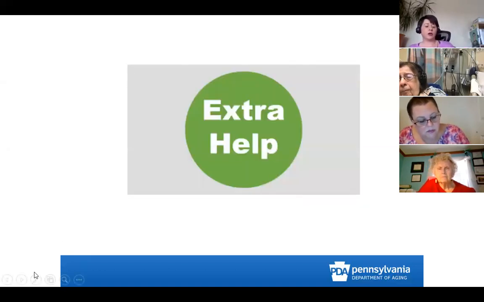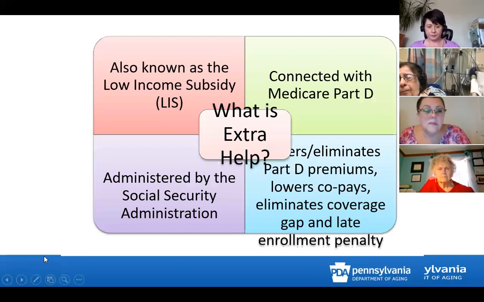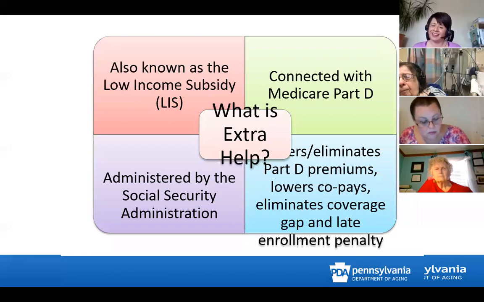So we are going to start with the first program here. And I know it sounds like a funny name, but it's called Extra Help. The Extra Help program is also known as the Low Income Subsidy Program, and it's administered by the Social Security Administration, and it's connected with Medicare Part D, D as in dog, which is the prescription drug portion of Medicare.